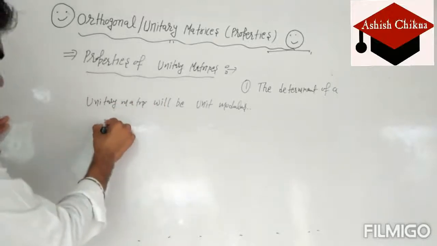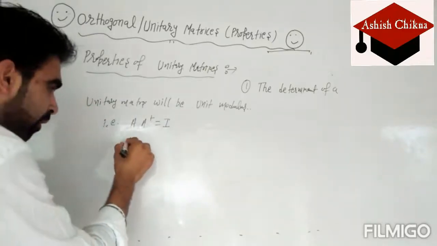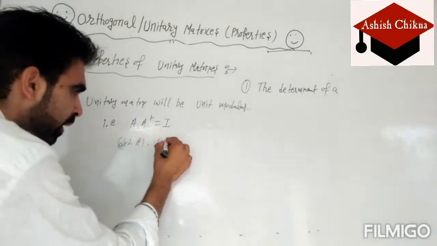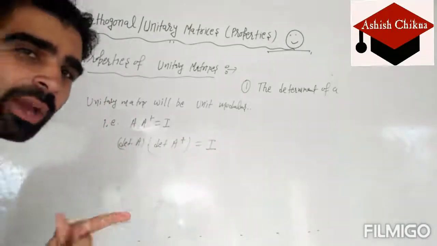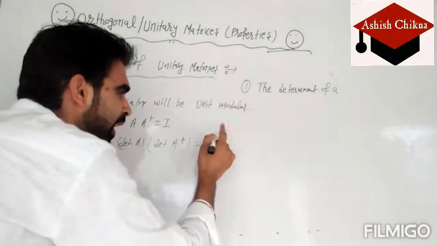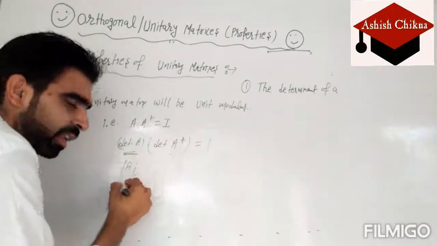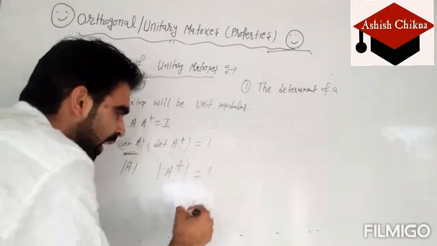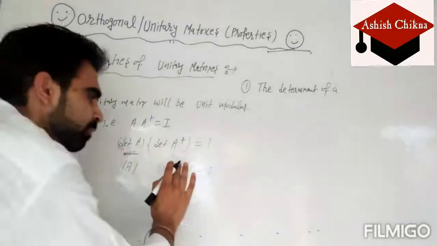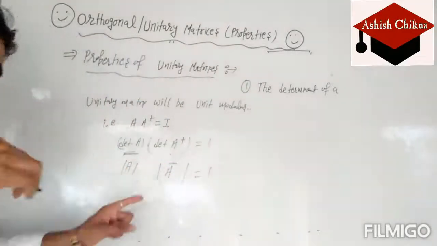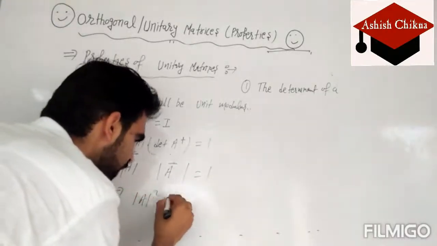The explanation: A dagger A is equal to I. So determinant of A times determinant of A dagger is equal to determinant of I, which is 1 since I is the identity matrix. The determinant of A dagger is the complex conjugate of the determinant of A, so we get the modulus of determinant A squared is equal to 1.